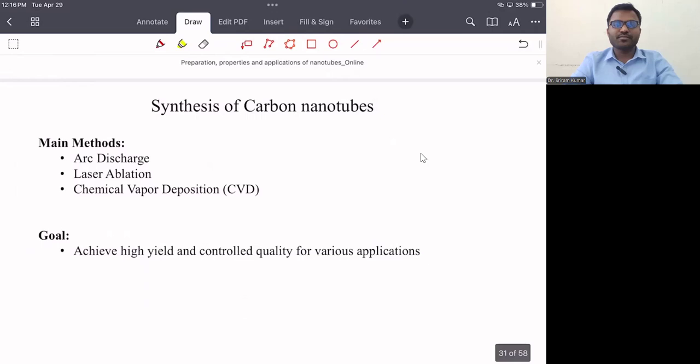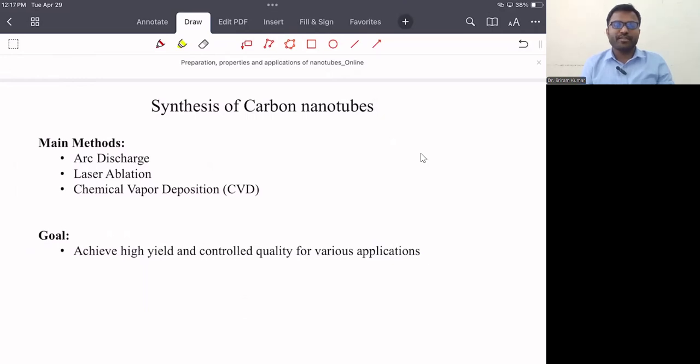In this class, we are going to learn three different methods of synthesis of carbon nanotubes. One is the arc discharge method, second is the laser ablation technique, and third is the chemical vapor deposition technique. Our main goal is to develop a technique so that we have quality control over the synthesis of carbon nanotubes.